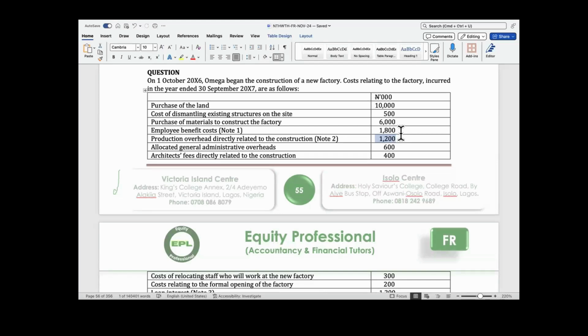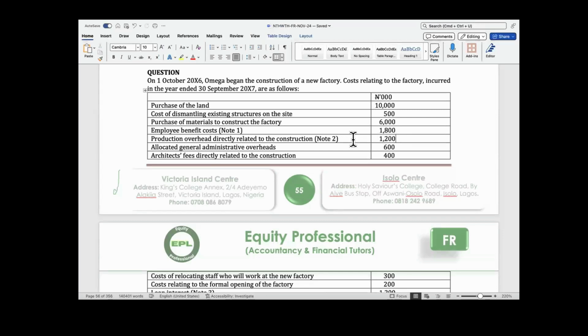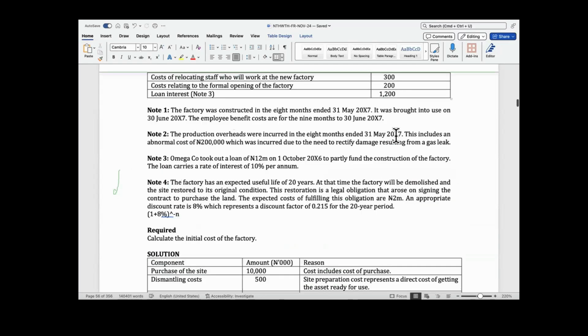But sir, I have a question. The production overhead were incurred during the period of construction, not after the item has been put ready for use. That's correct. So now we are seeing that these production overheads are basically expenses, right?